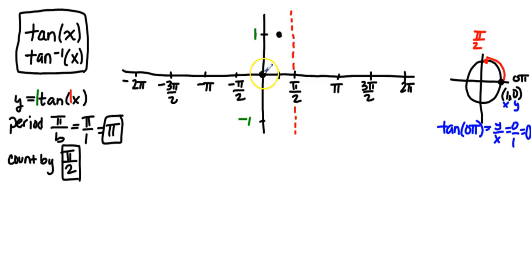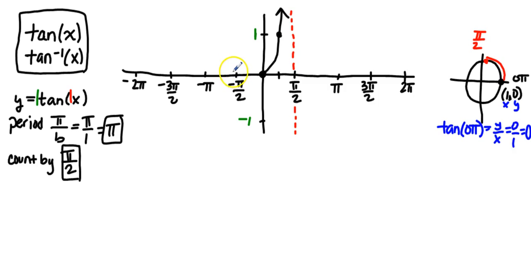So that's why we have this portion of the tangent graph approaching pi over 2 as an asymptote. It will get infinitely close to pi over 2, approach forever and ever, headed towards infinity.